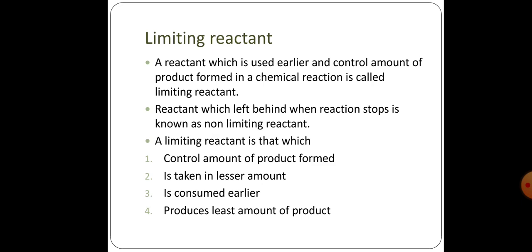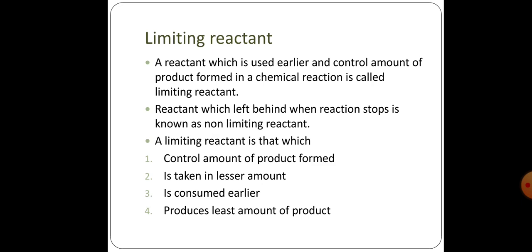When the reaction stops completely, that reactant which is consumed completely and stops the rate of reaction is known as the limiting reactant, while the other reactant which is left behind when the reaction stops is known as the non-limiting reactant. We can say that a limiting reactant is that which controls the amount of product formed and is always taken in a lesser amount.